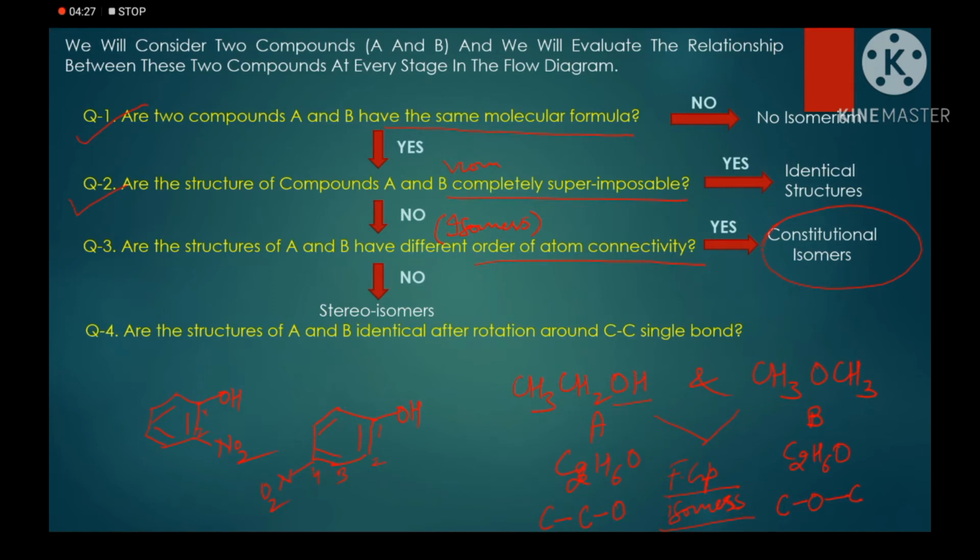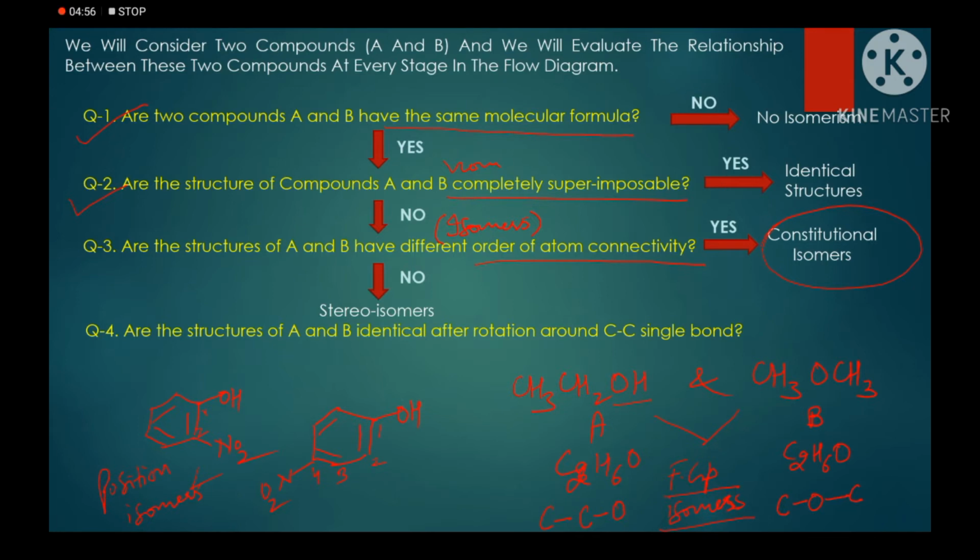So order of atom connectivity is again different, and these are called position isomers because position of nitro group is different. So these are position isomers, but this is again a subtype of constitutional isomers. So these are the examples of constitutional isomers. Similarly, if we talk about 2-butene and 1-butene, that is also position isomers, but order of atom connectivity is again different in that also. So these all are the examples of constitutional isomers.